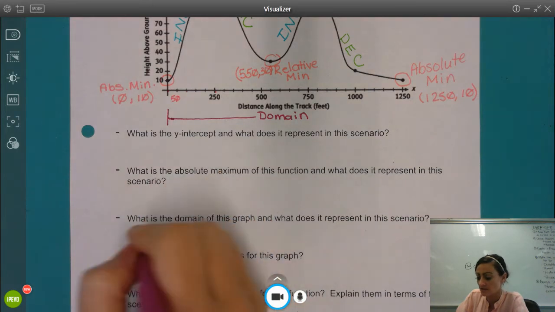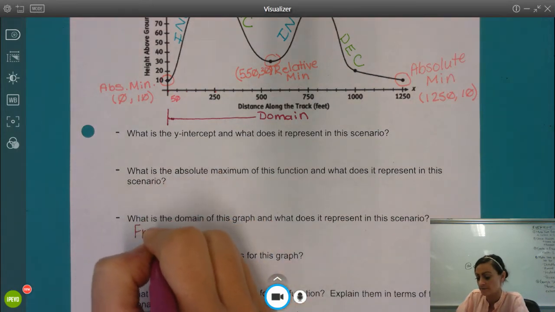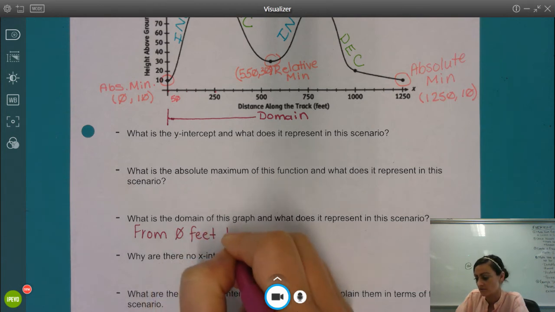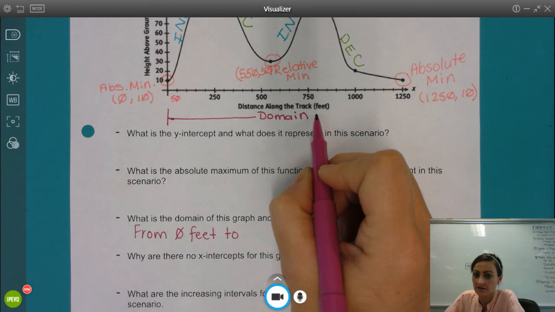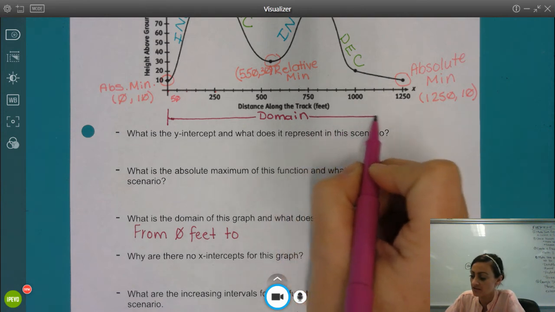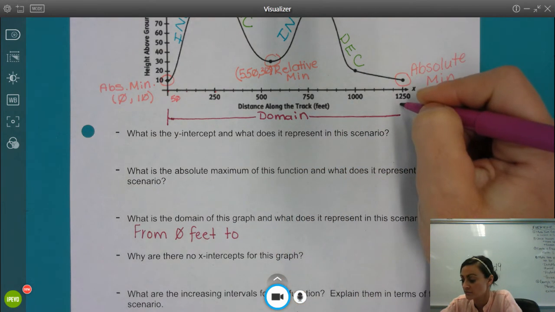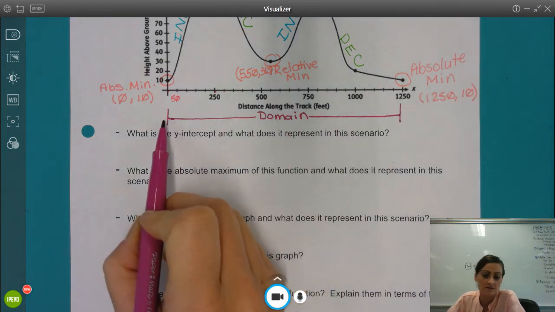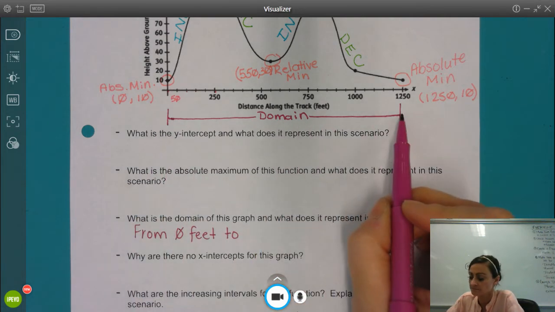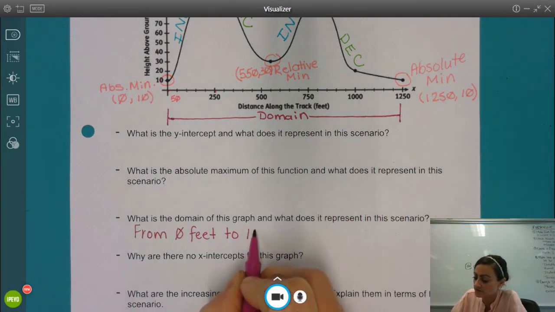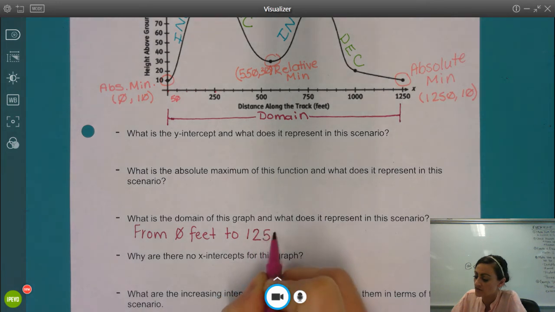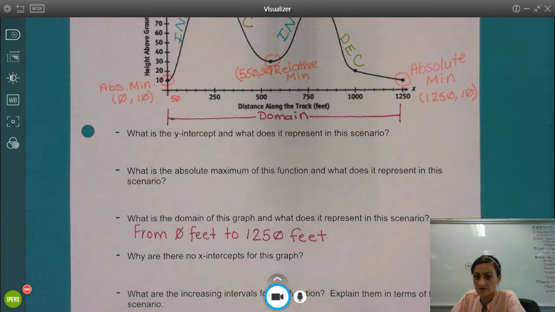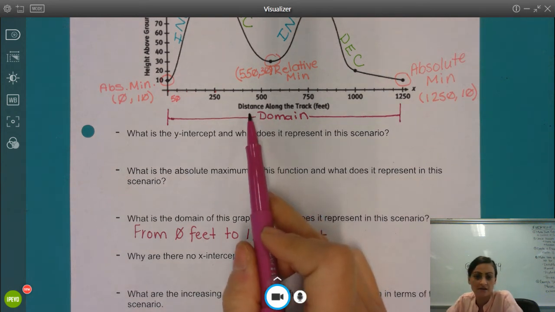So my domain is going from 0 feet to, and now I have to come back here and I need to go all the way to the right. So I've gone all the way to the left and looked at that farthest spot. Now I've gone all the way to the right. My highest value for domain is 1,250 feet. And this represents the distance that we are traveling along the track.